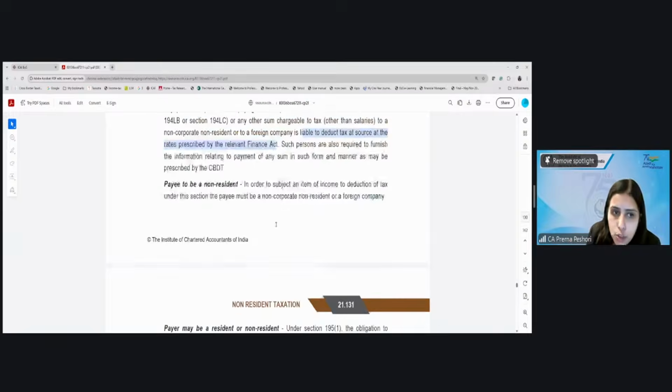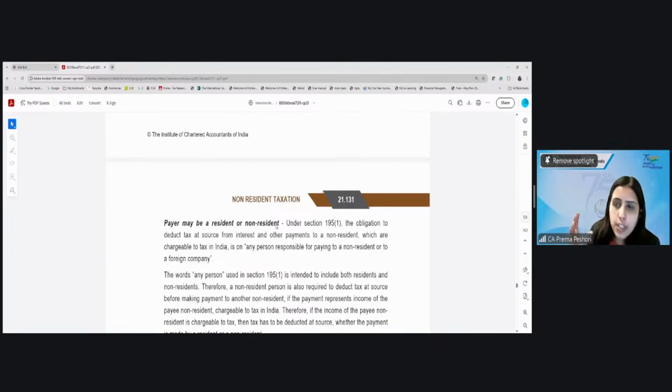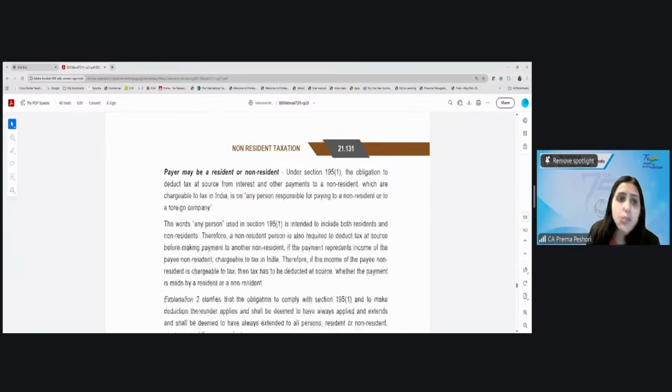There is no prescribed threshold given. Unlike 194 JC, there is threshold. Here there is no threshold. The payer can be a resident or a non-resident. So a foreign company making a payment to another non-resident, still it is required to deduct the TDS under 195. So let's say, for example, if a foreign company pays the interest to another foreign company, the interest is deemed to accrue or arise in India because the monies were used for the business in India.